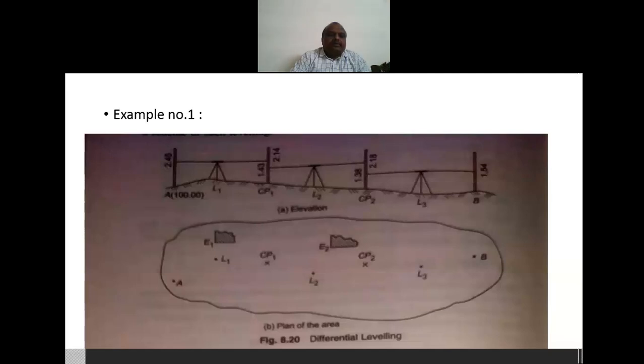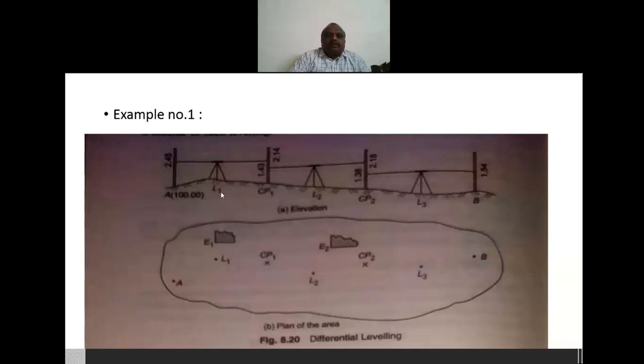You should remember the first reading should always be a backsight. The aim of this example is to find out the elevation of point B.